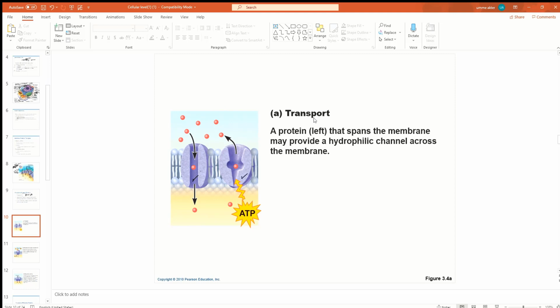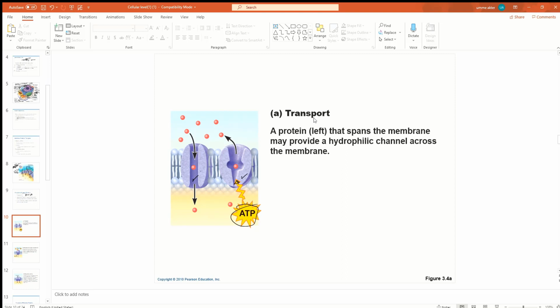However, there are some integral proteins that have gated channels controlled by ATP energy. So the channel is usually closed, but when ATP works on it, it will get opened.